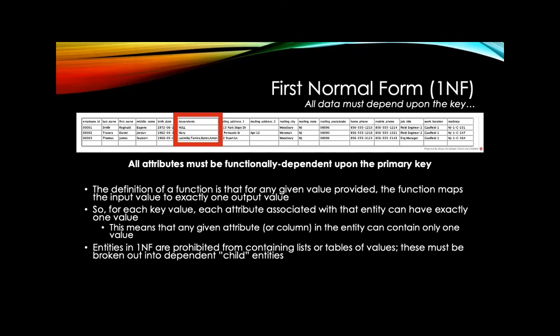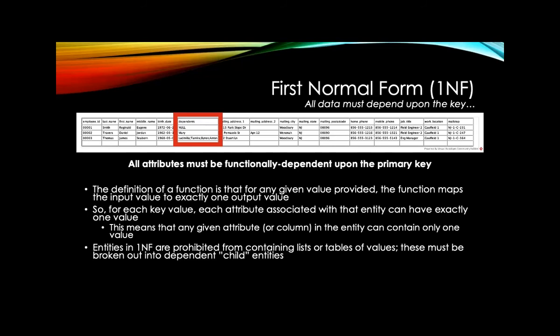So our first step in this process is to make sure that all of the data in a tuple in this record depends on nothing but the key itself. The simple definition of that is all attributes must be functionally dependent upon the primary key, which means that for any attribute in this record, there needs to be a one-to-one correlation.